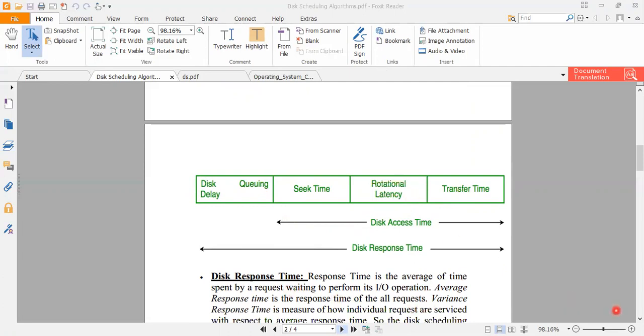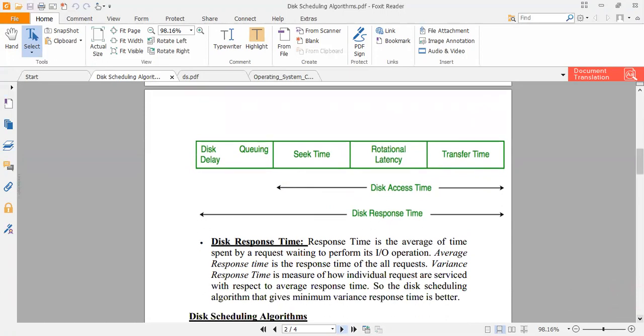Similarly, there is one more technical point, disk response time. Basically, response time is the average of time spent by a request waiting to perform its IO operation. Average response time is the response time of all requests. Variance response time is a measure of how individual requests are serviced with respect to average response time.